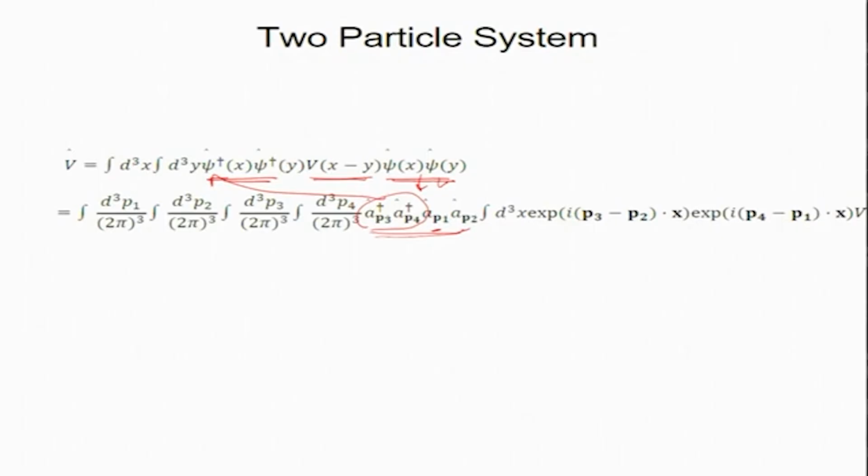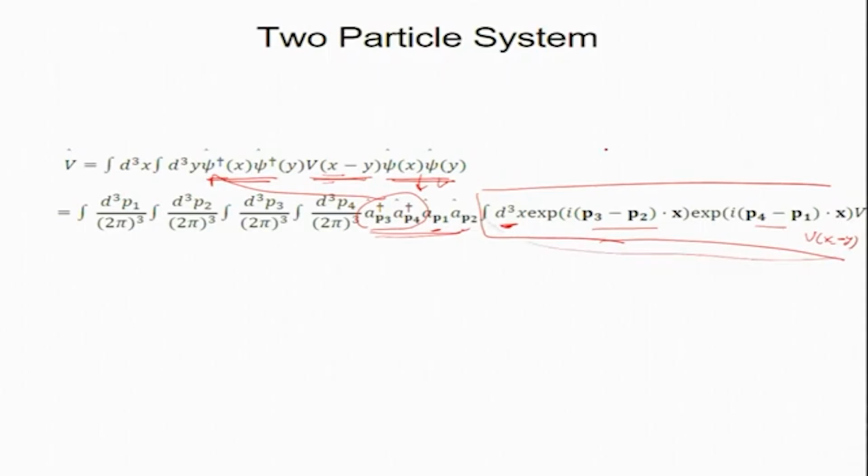This is exactly like Feynman language, incoming momentum and outgoing momentum, and we have this exponential coming from this Fourier transform, and this is getting cut by V of x minus y. And this is the integral d cube x here. So, this part is the real space integral. Now, this is a function of P1, P2, P3, P4, this whole object, and x will be integrated out. So, the potential will have all the momenta.